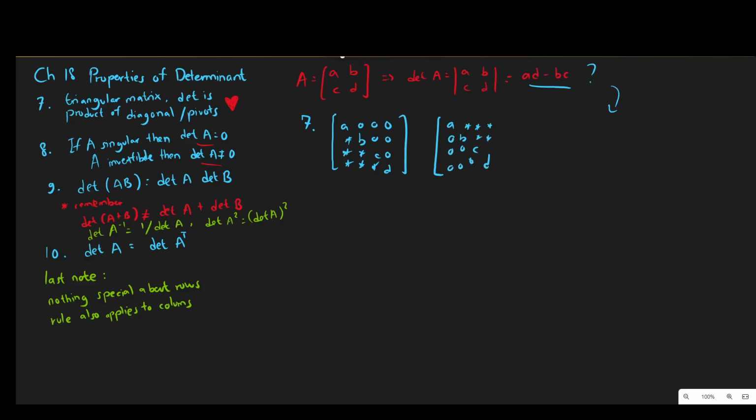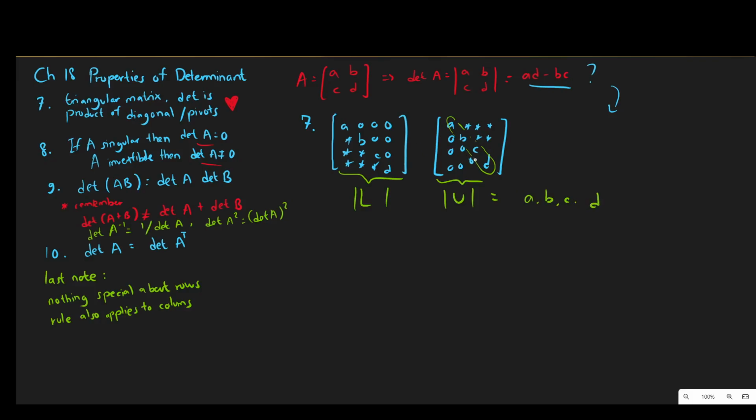This will be the lower triangular, and this will be the upper triangular. Either the determinant of L or the determinant of U will be the product of the diagonal, or the pivots. So it is A, B, C, D.